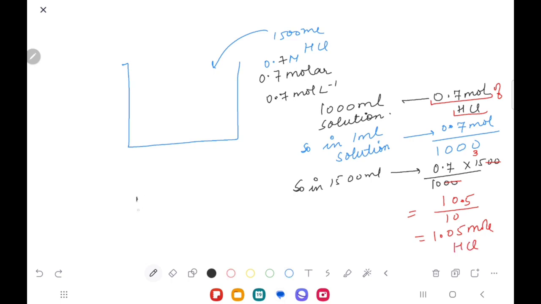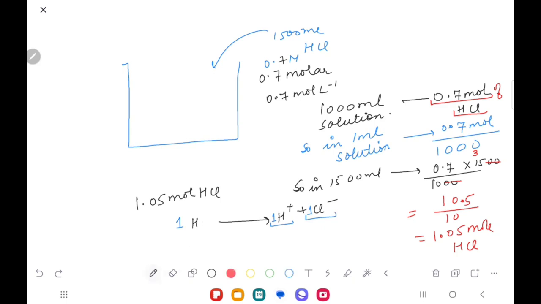Right. So, if I have 1.05 moles of HCl, just tell me, when HCl breaks down, don't you think it is going to give me H plus ions and Cl negative ions? So 1 mole of HCl will give me 1 mole of H plus and 1 mole of Cl negative. Are you understanding?